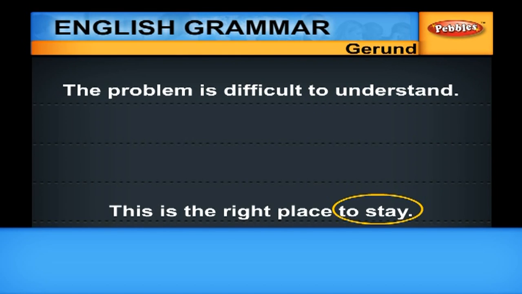To stay is an infinitive, but here it functions as a modifier of a noun. So these two verbal forms, VING form and to infinitive, can perform non-verbal functions. When they perform non-verbal function, though they may be verbal in form, they are not verbal structures.